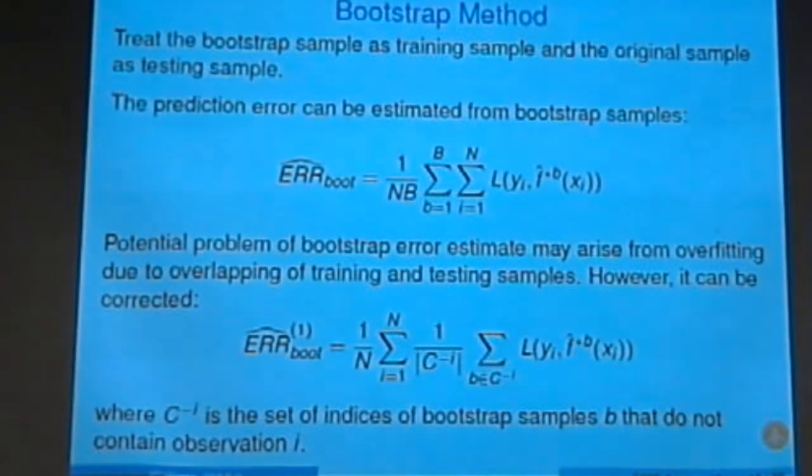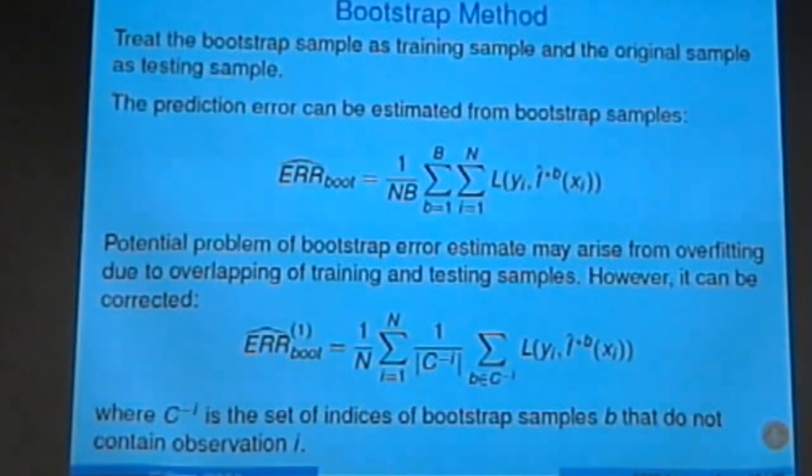This is probably because of overlapping observations. The bootstrap sample is sampling with replacement, so your bootstrap sample could overlap with the test set. The same observation could be in your bootstrap sample and also in the test set.